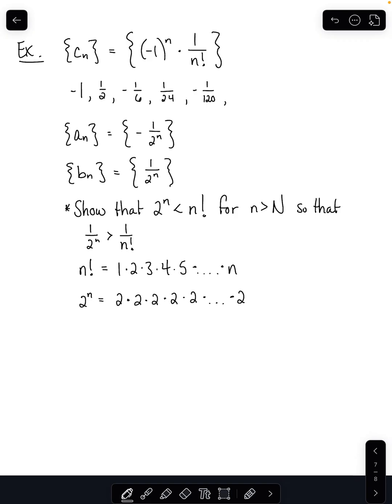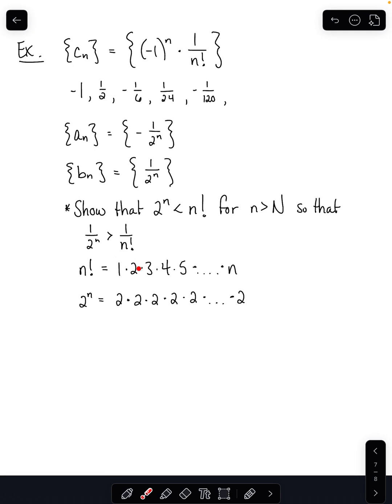Now, at first, if we only consider the first terms, 2 to the n is bigger. And that's not actually what we want. We want 2 to the n to be smaller.